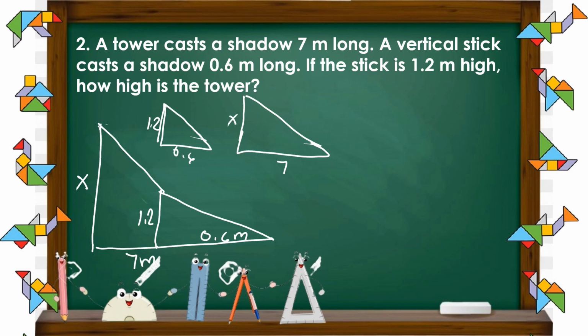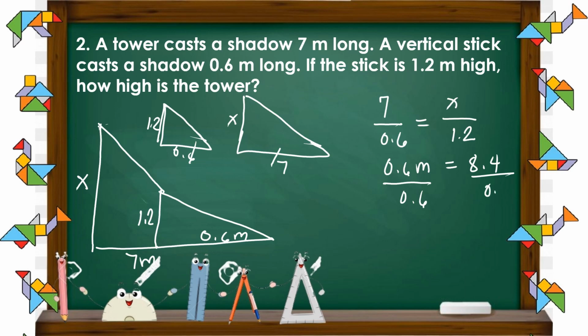So to solve this one, we have first the base, we have 7 over 0.6 is equal to the value of x, which is the unknown, over 1.2. And by cross multiplication, we're going to have 0.6 times x is equal to 8.4, which is your 7 times 1.2.